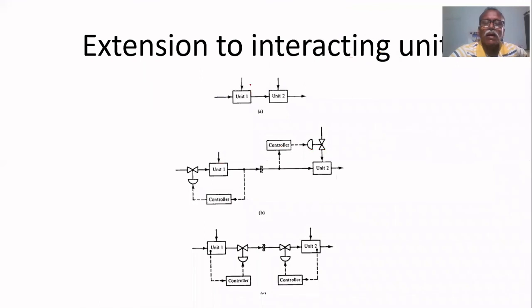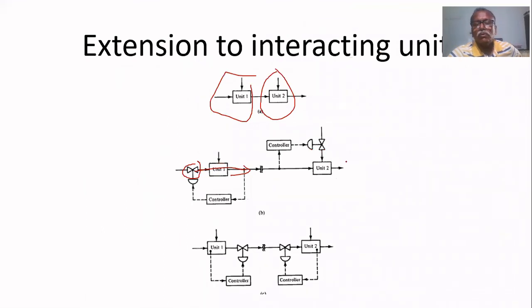For example, I separated unit 1 and unit 2. In unit 1, I want to control the liquid flow rate by using that liquid flow rate. For unit 2 also, this is one configuration.